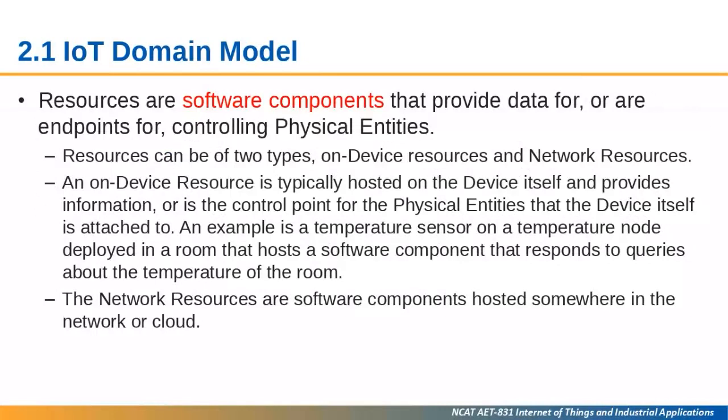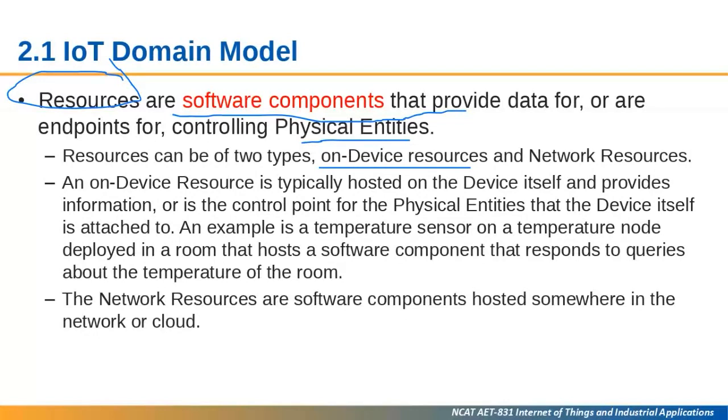Okay, another concept in the domain model is the resources. There are what I highlighted here: software components that provide the data for, and are endpoints for, controlling physical entities. So it can be on-device resources or network resources.